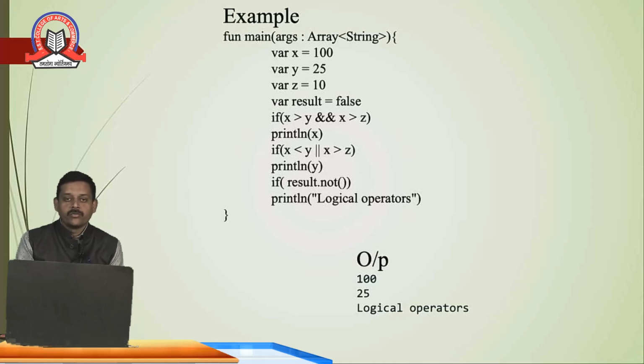And if we use result dot not, since we have already given the value of result as false, its complement is true, so it will print the next value, logical operator. So our output is 100, 25 and logical operator.